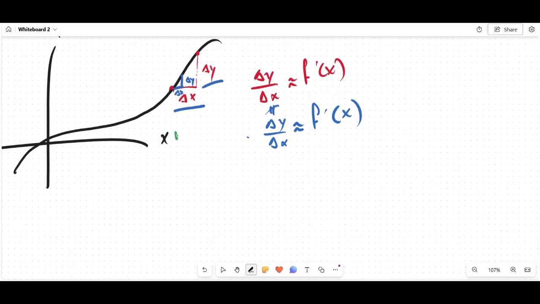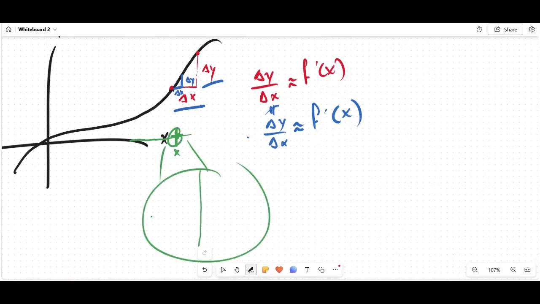Imagine we're starting right here. That right there is x. If you zoom in there, you go over by an amount dx, and there's a straight line here.